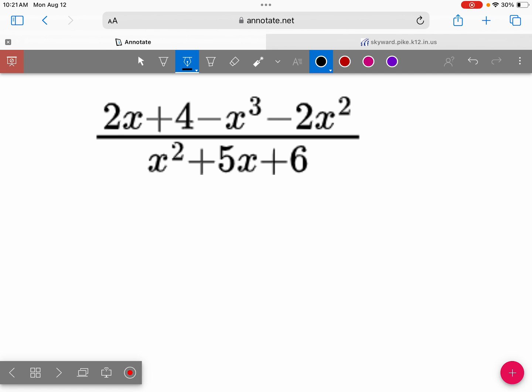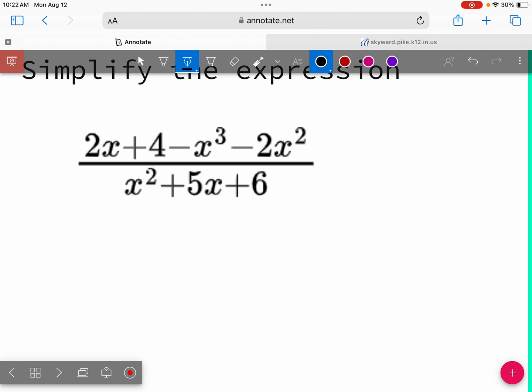On these kinds of problems, we'll be given the instruction of simplify, possibly and include your domain restriction. When we're looking to simplify, that means the first step is to factor everything, as much as we can, every place we can.